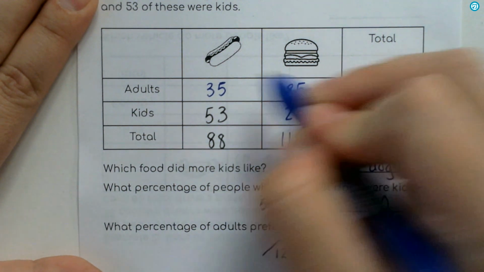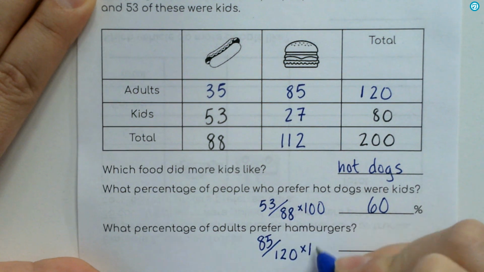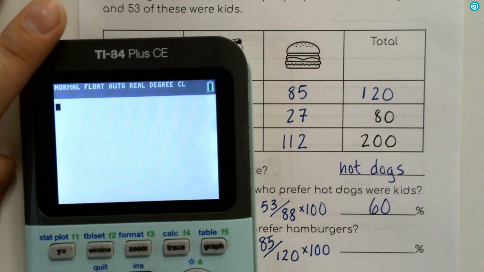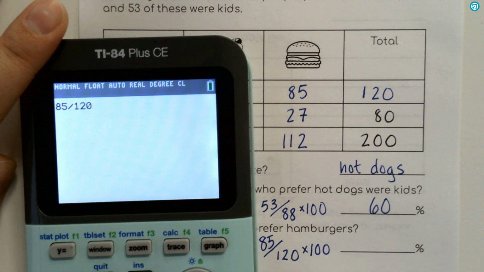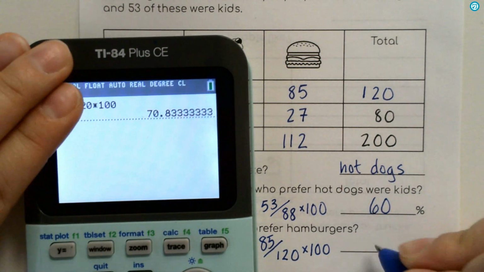So 85 adults preferred hamburgers. So 85 divided by 120 times 100 gives me 70.8. 70.8 is going to round up to 71%.